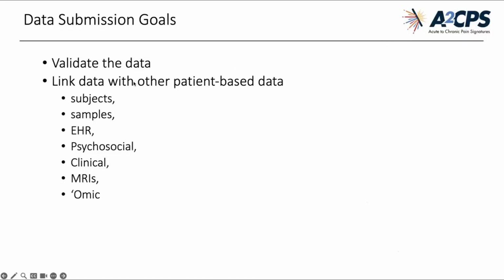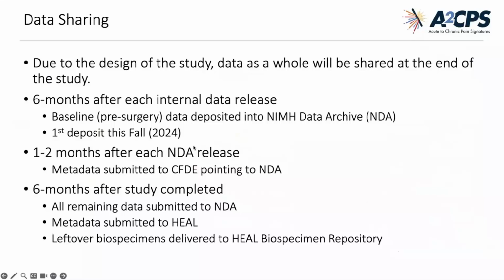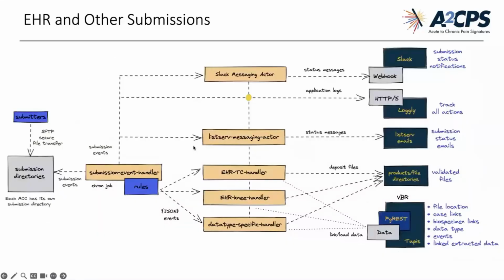So our goals are to validate the data and then to link the data with all the other patient-based data: the subjects, samples, the EHR data, psychosocial, MRIs, the omics data. And then as data is submitted, as the omic data or the imaging data is submitted, this is showing an EHR-centric one, but we have a data type specific handler.